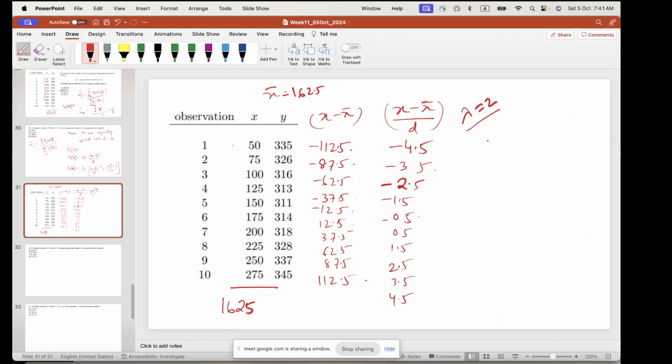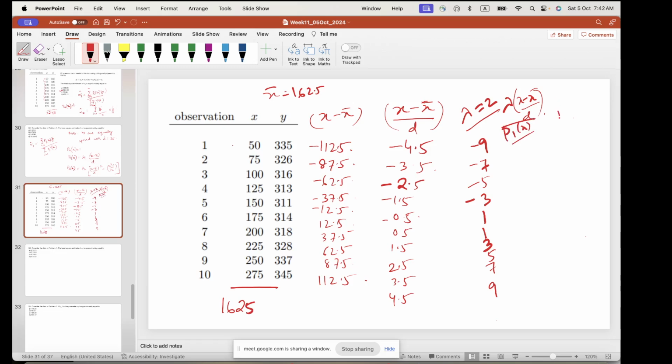So let's say lambda equal to 2, then this would be minus 9, minus 7, minus 5, minus 3, minus 1. Then again 1, 3, 5, 7, 9. This would be lambda into x minus x bar by d, so this is actually p1x.